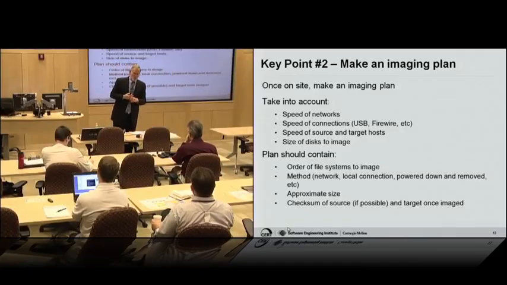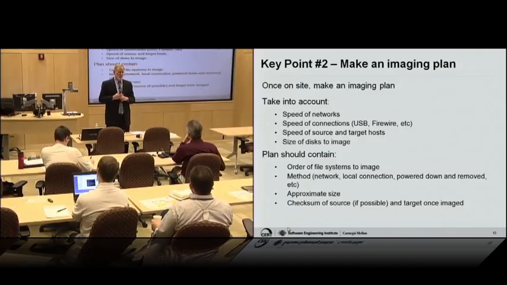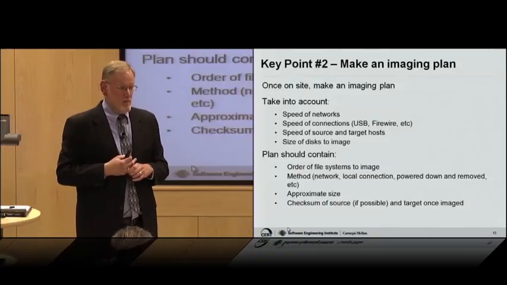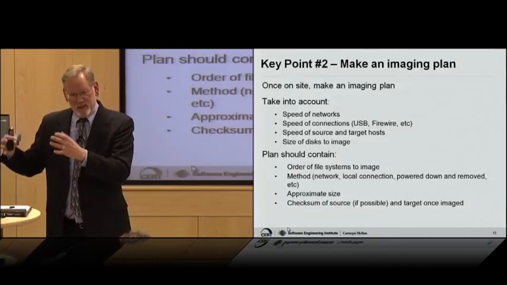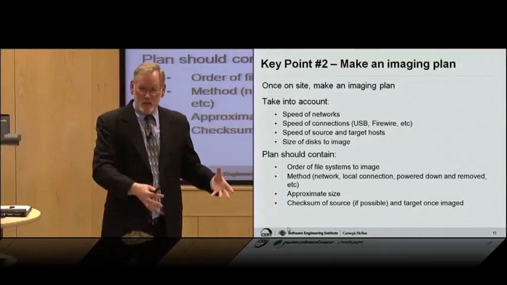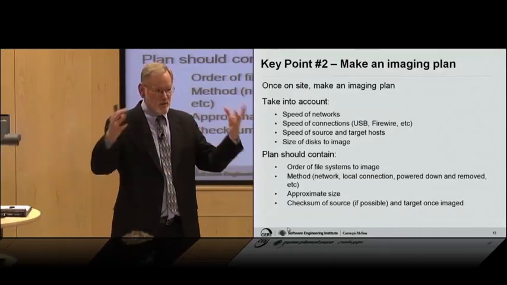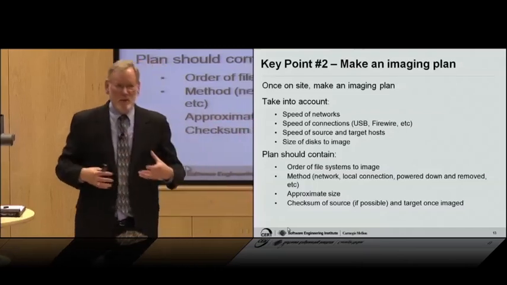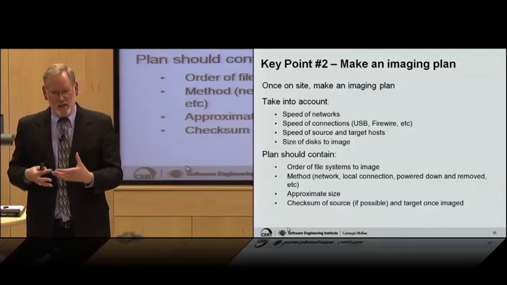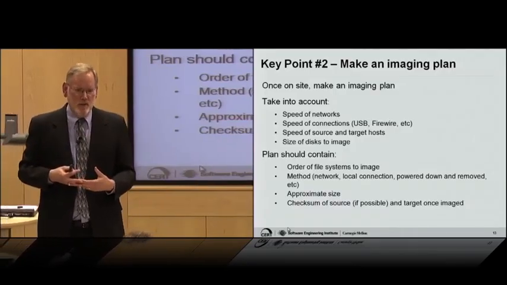One of the situations we were involved in is that we were doing some imaging at an ISP. The ISP served multiple customers, of which the suspects were one. We wanted to image it in such a way that the ISP could continue to provide service to everybody else while we imaged the stuff, which means we tried not to take machines down. That was our first cut.